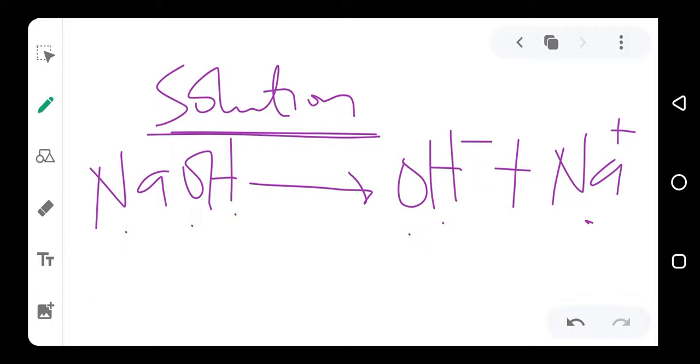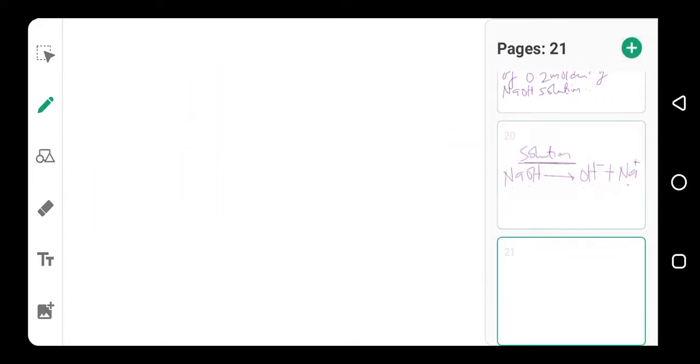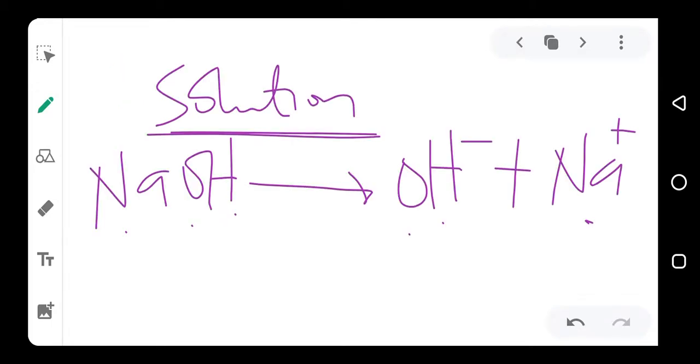Now step 2 is to write the equivalent concentration of the hydroxyl ion produced, hydroxyl ion now because we are talking about base. Step 2. For us to write the equivalent concentration of the hydroxyl ion produced, we go back to the ionization equation.